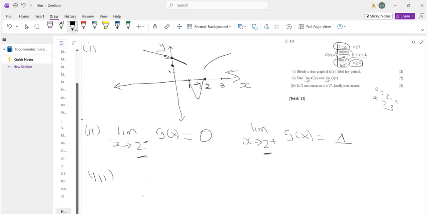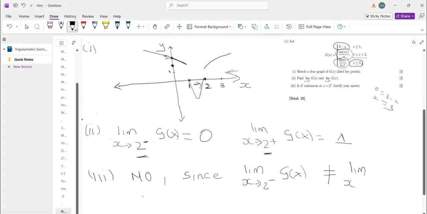So they say, is g of x continuous? No. And the reason is since the limit of g of x as x approaches 2 from the negative side is not equal to the limit of g of x as x approaches 2 from the positive side.